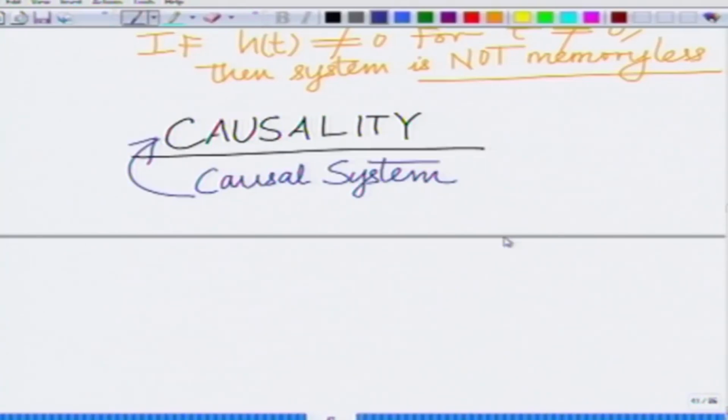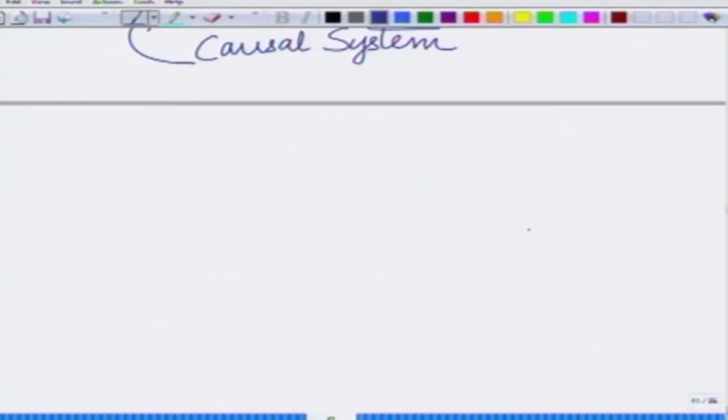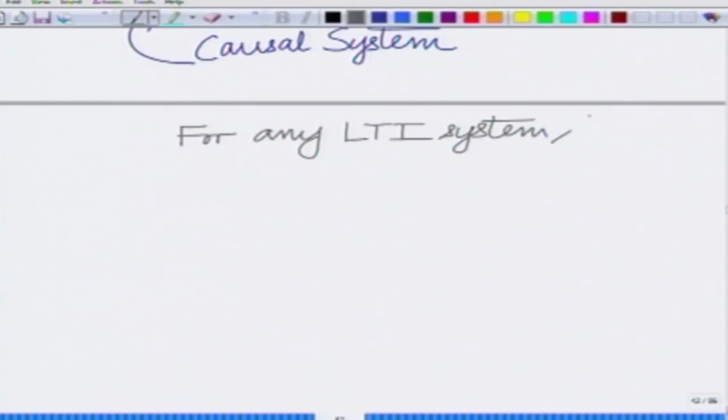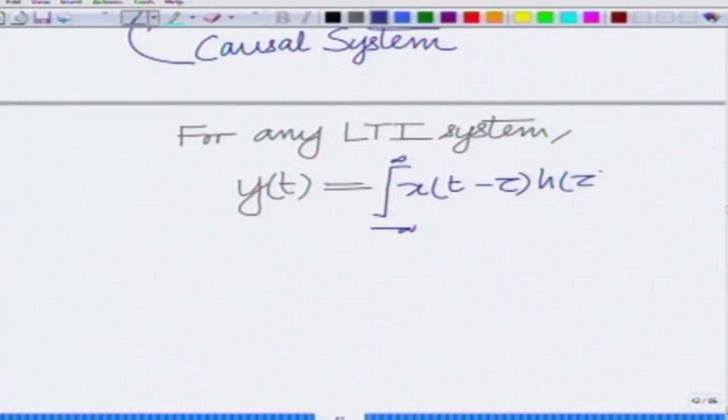Remember, for any LTI system, as we have seen in the previous module, the output y of t equals the integral of input x of t minus tau times h of tau d tau.